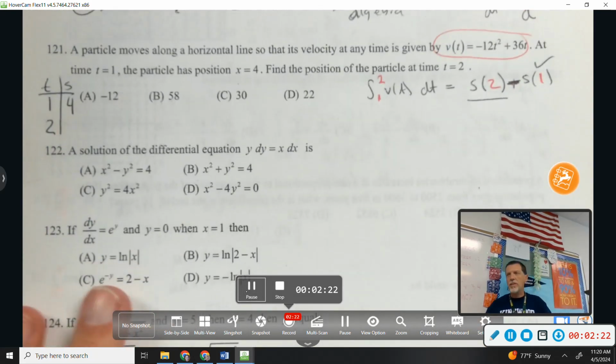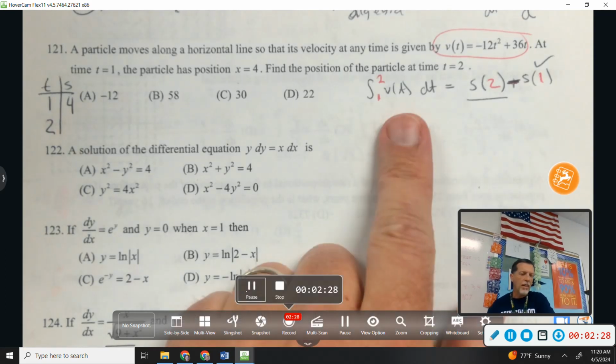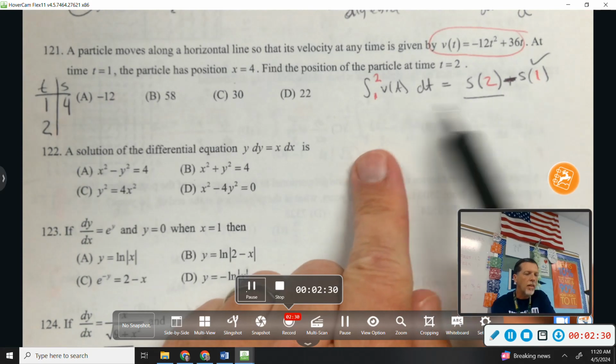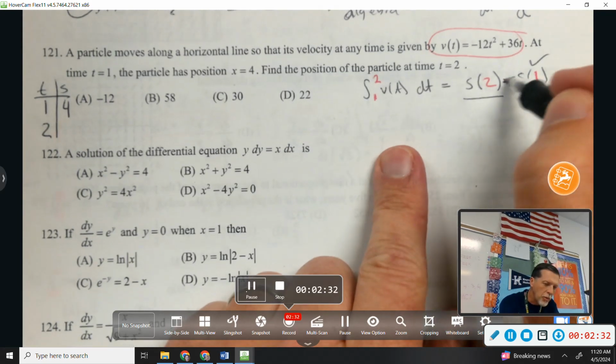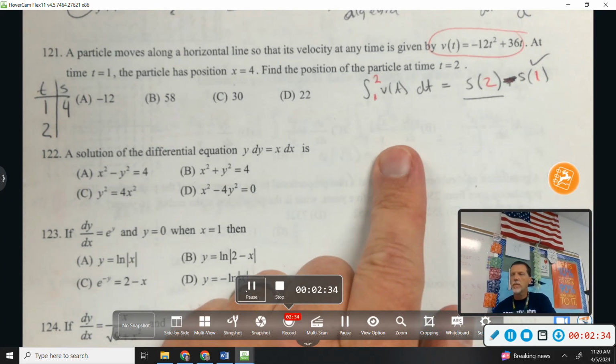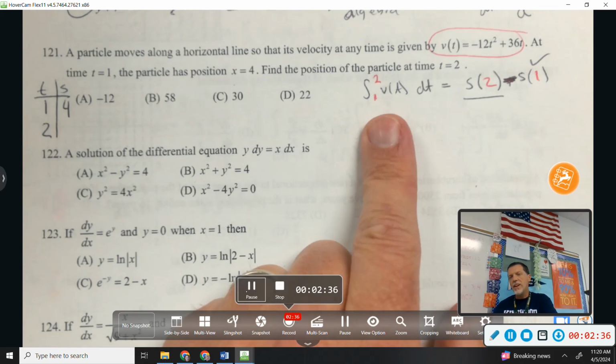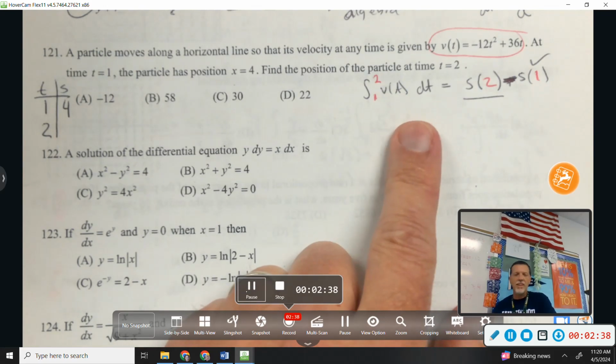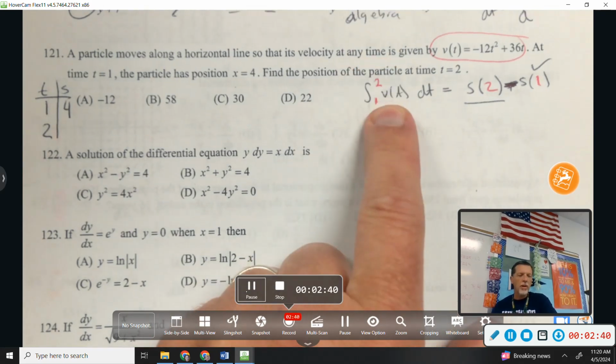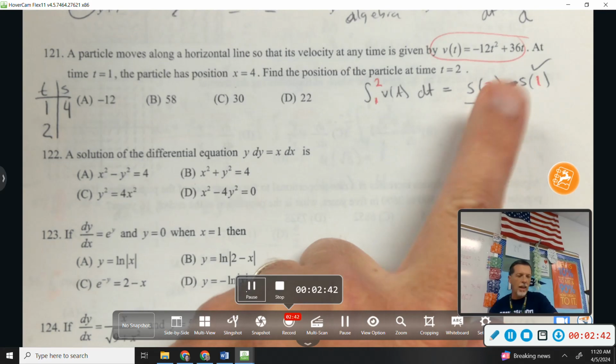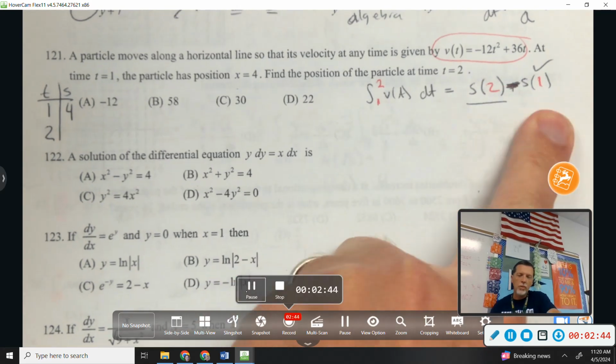So I'm going to do it that way, because it bypasses figuring out what c is. So I'm still going to have to integrate, but that should say minus. Top one minus the bottom one. But rather than finding c, I'm going to sort of bypass that step and just plug in top minus plug in bottom. That tells me S2 minus S1. I know S1, I can find S2.